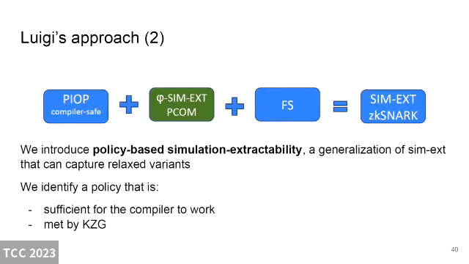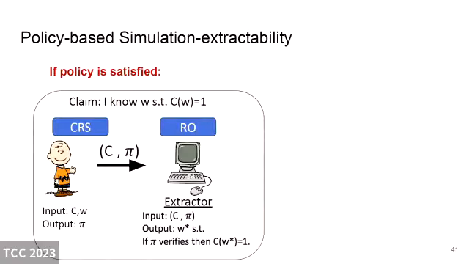We identified a policy that is both sufficient for this compiler to work, but also met by KZG. What is this policy-based simulation extractability? Just take the usual experiment in which the extractor needs to extract, but prepend a very simple if clause: if the policy is satisfied, then the extractor must extract.